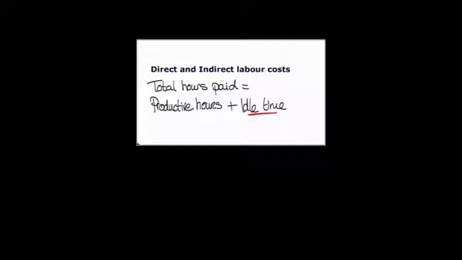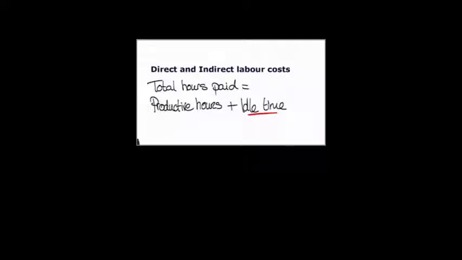Or if we run out of materials, they have to wait for our new order to arrive. So our idle time is the time our production line workers spend unable to physically produce units. Now this will be important when we're separating out our production line workers' wages between direct and indirect.